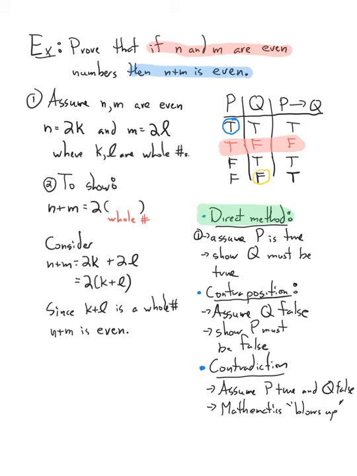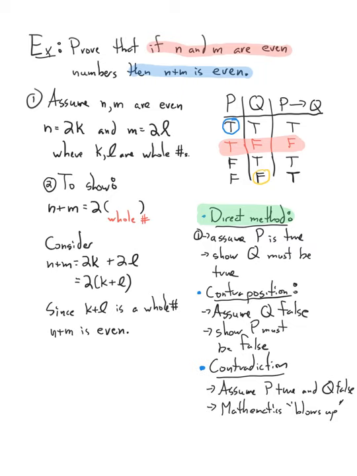So I showed that if n is even and m is even, that's the if part being true, then I can always write n plus m as 2 times some whole number. I can always do this. Since I can always do this, the q part is always going to be true. I'm never going to have a place where I have 2 even numbers that I add together that don't give me an even number. So I'm done.